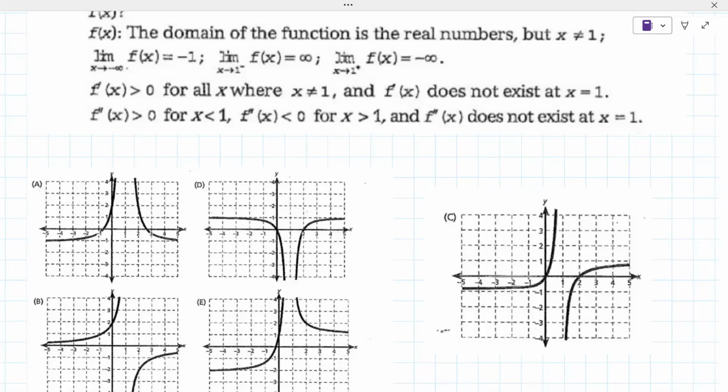They all are undefined at 1, so that doesn't really help us. That's basically useless. They all have that.